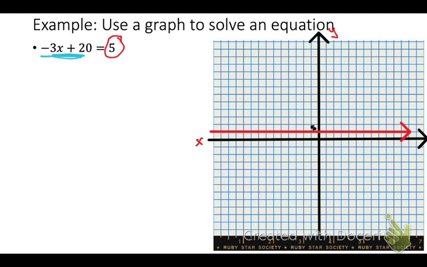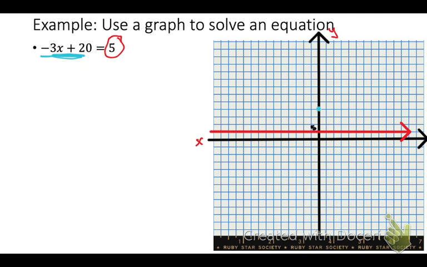So the y-intercept is 20. The slope is negative 3. So I'm going to put a point at 20. 5, 10, 15, 20.